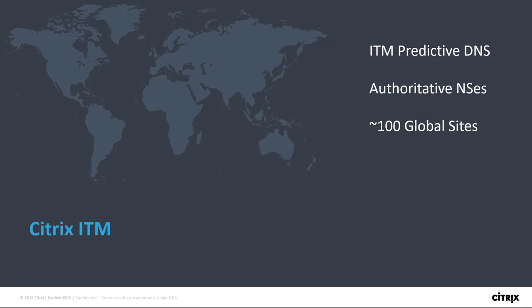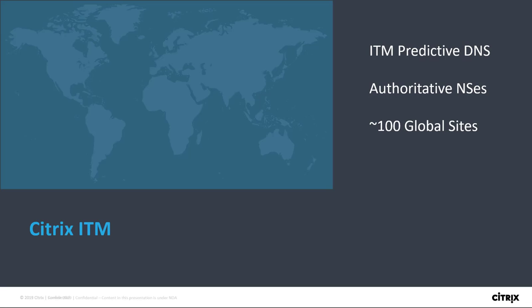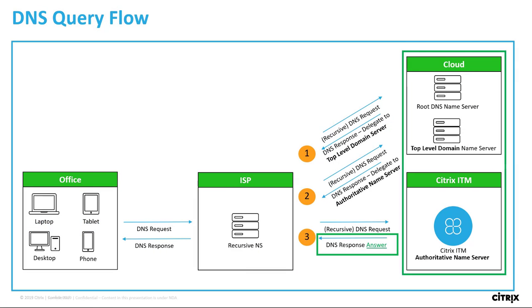The way it does this is that it utilizes the ITM predictive DNS service. Again, it's authoritative for those gateway service domains, and it's replied to at one of nearly 100 sites around the world. It follows its typical DNS query flow. The endpoint is going to communicate with a recursive name server.